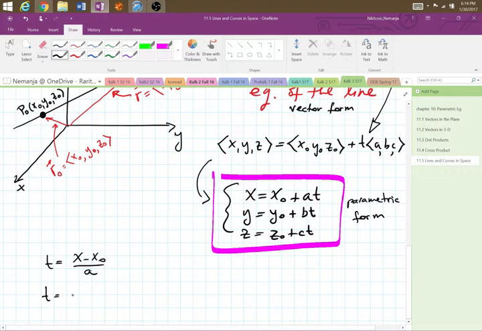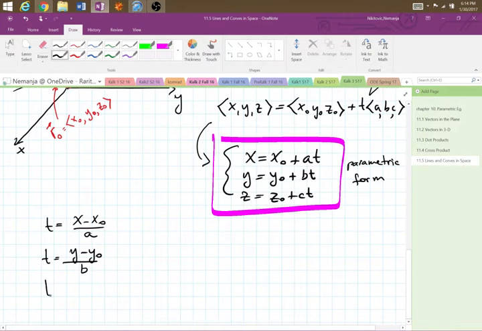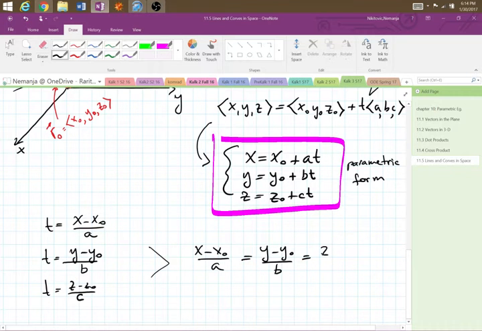T in the second one is y minus y0 divided by b. And finally, t equals z minus z0 divided by c. Those give me that x minus x0 over a is equal to y minus y0 over b is equal to z minus z0 over c.